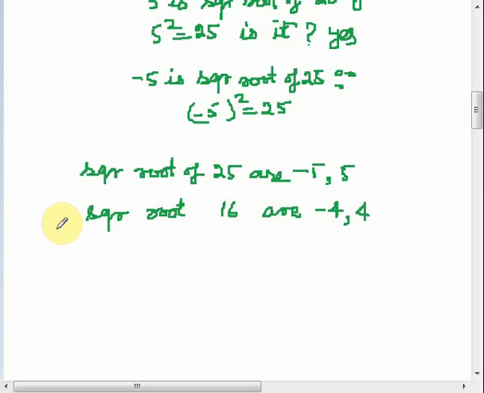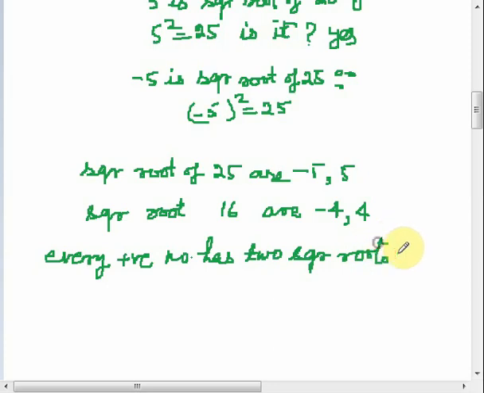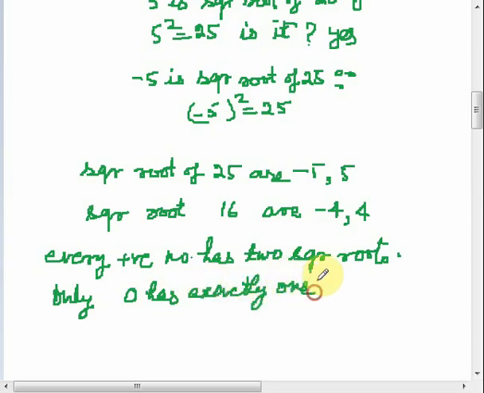That is, every positive number has two square roots. Only 0 has exactly one square root. Zero has only one square root, since 0 square is equal to 0, and the square root of 0 is 0.